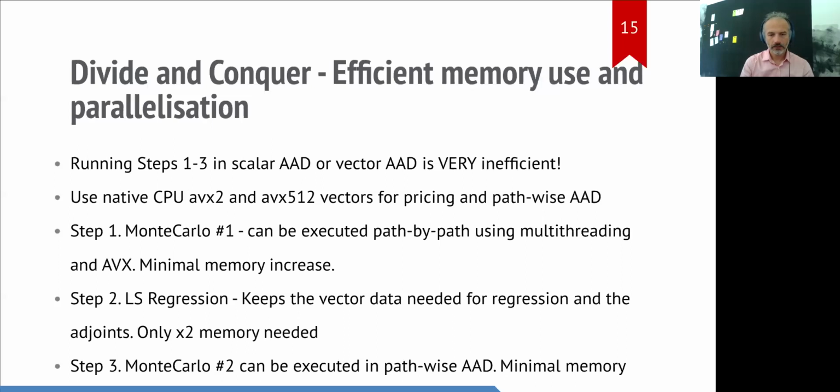And Monte Carlo 3 can be executed with pathwise AD as normal with minimal memory requirement, because you only keep your path AD tape data path by path, so you never keep it for all paths at the same time.